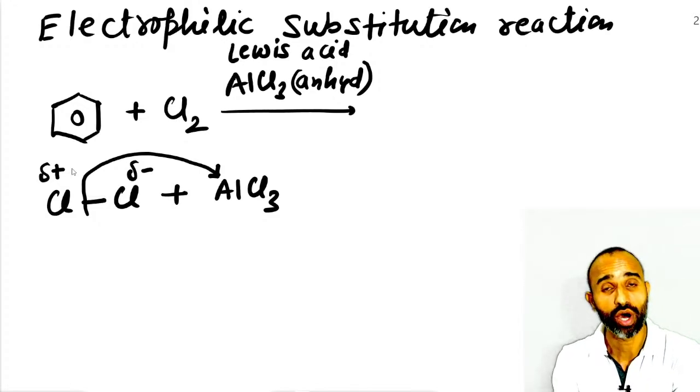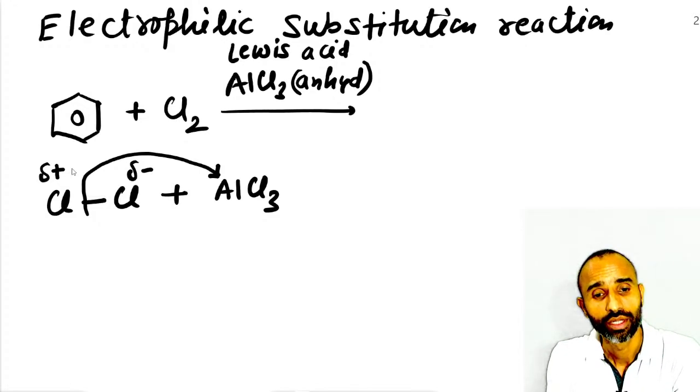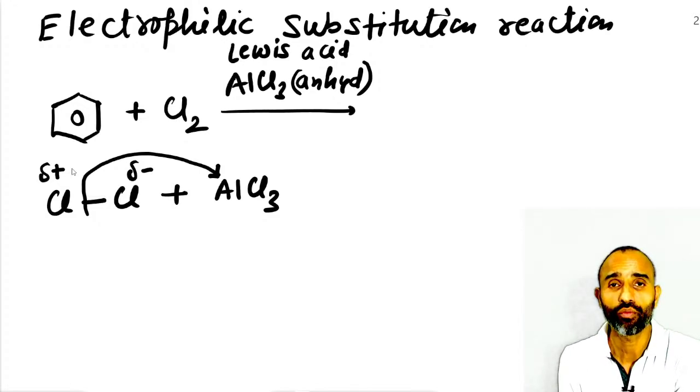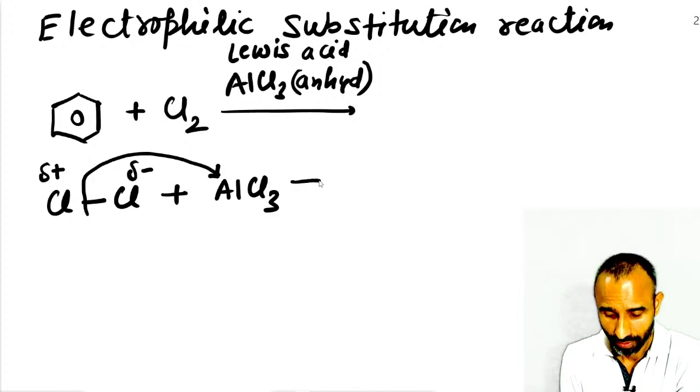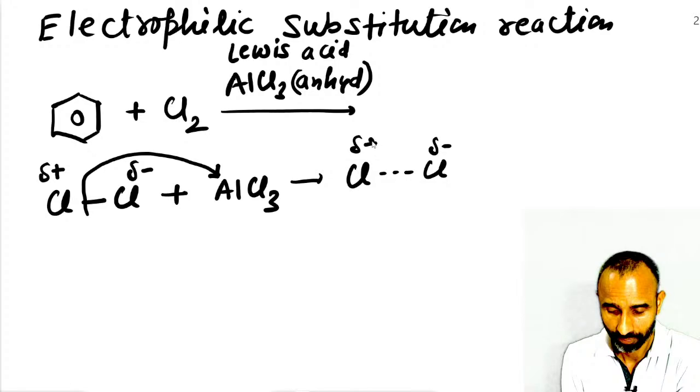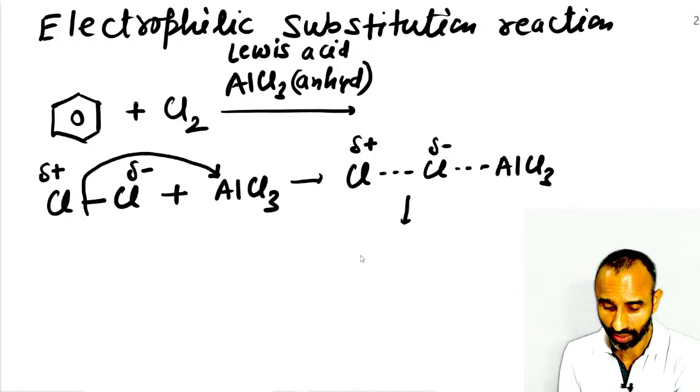Chlorine is non-polar, but in the presence of AlCl3 it gets polarized, and on polarization the Cl-Cl bond starts breaking and AlCl3 starts attaching to it.